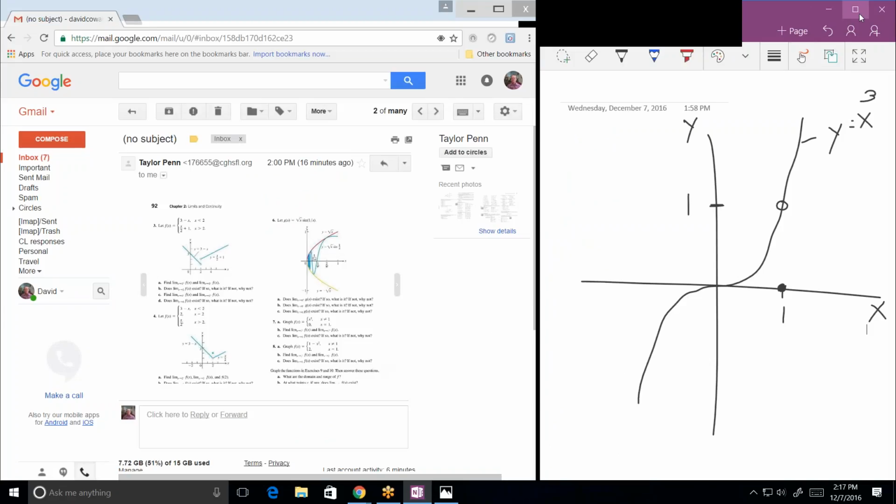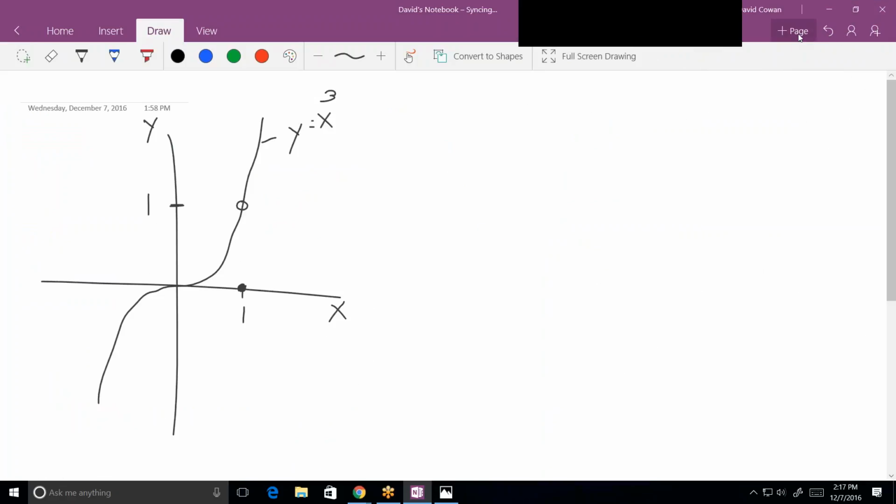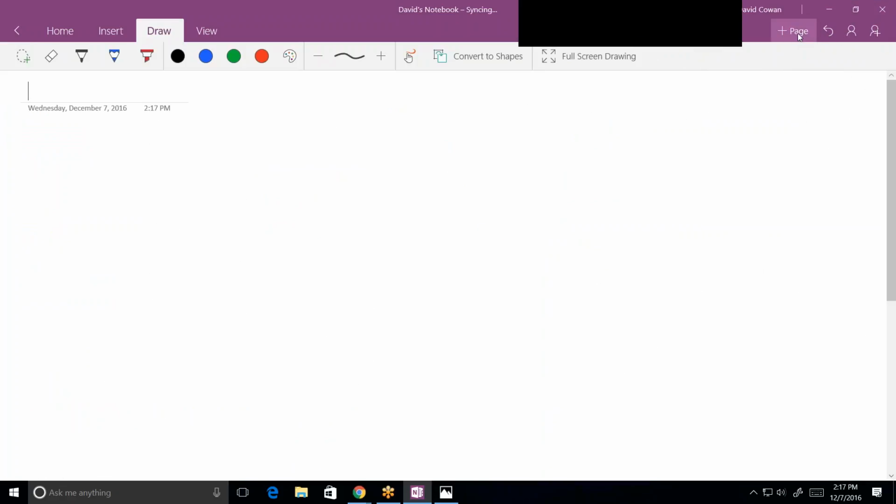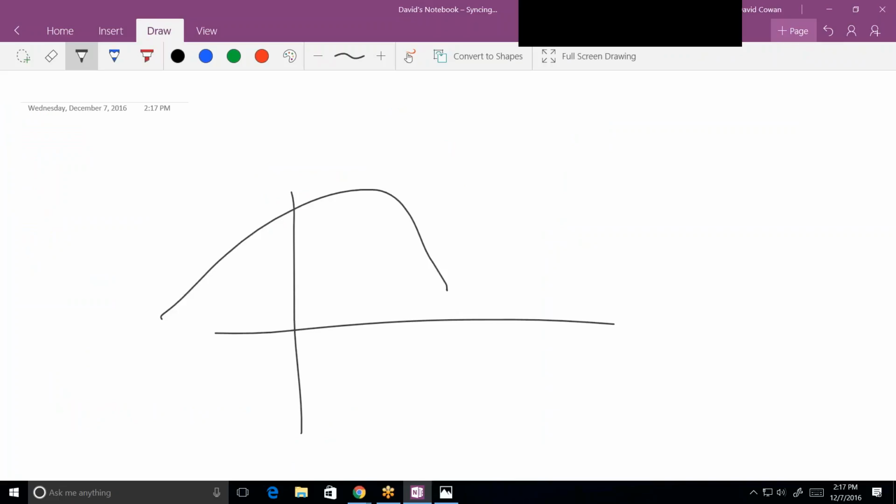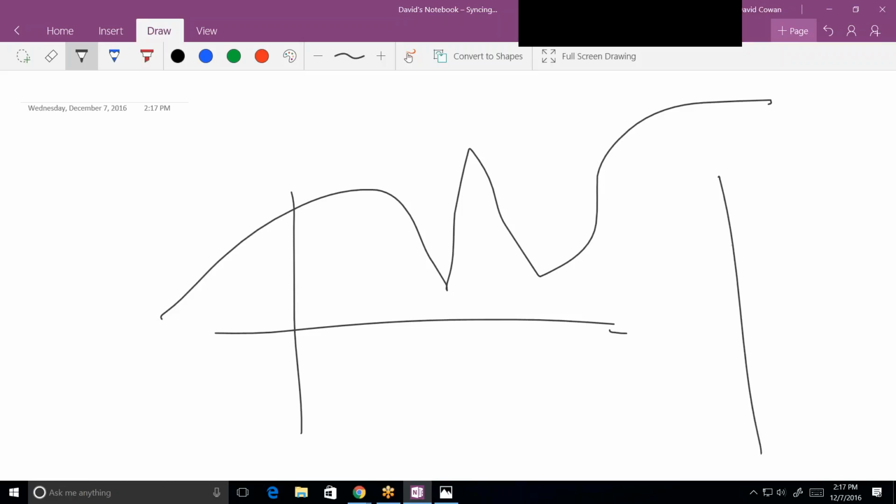And as long as we're talking about this, let me tell you the official definition of continuity. The layman's definition of continuity is if I can draw the graph without lifting my pen. That graph I just drew is continuous.